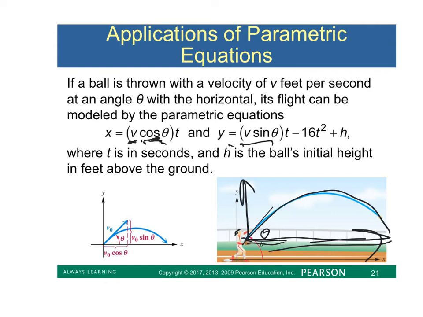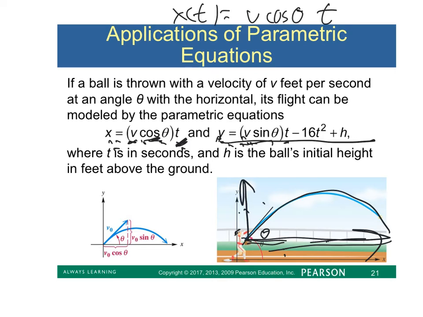So by definition, if you treat it as two parametric equations, you're separating the horizontal and the vertical motion. It's a parameter, each with t in it. The x is much easier. X of t is just the simple v cosine of theta times t. But look at the y.